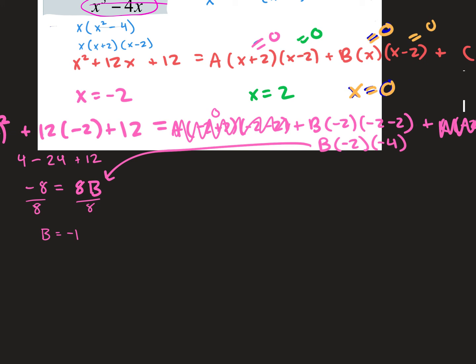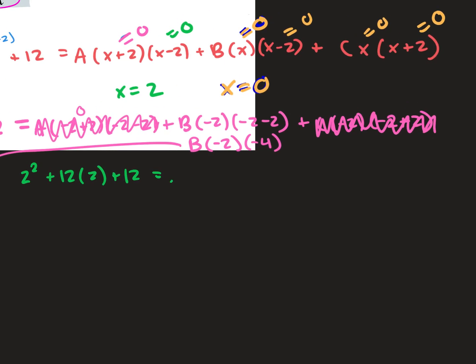So let's do the same thing for when x is equal to 2. So I have 2 squared plus 12 times 2 plus 12 is equal to a times x plus 2, which x is 2.